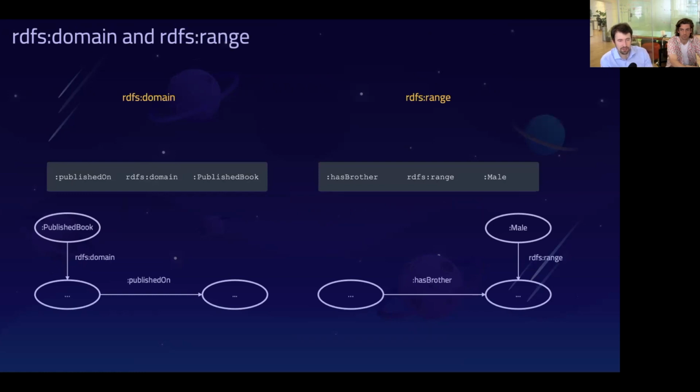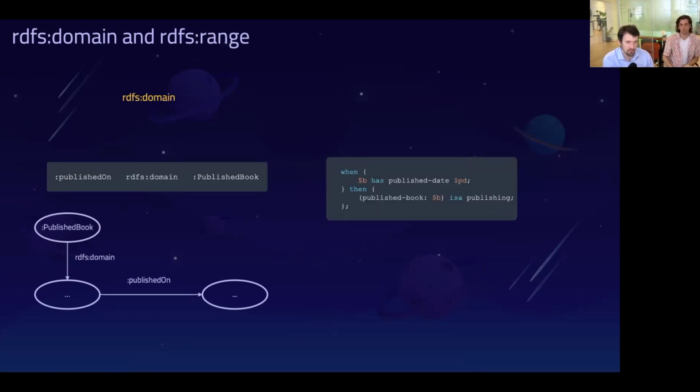Now let's look at RDFS domain and RDFS range. Again, those constructs natively don't exist in TypeDB because of the difference in product philosophy. First, domain, but those use cases can be modeled in different ways.